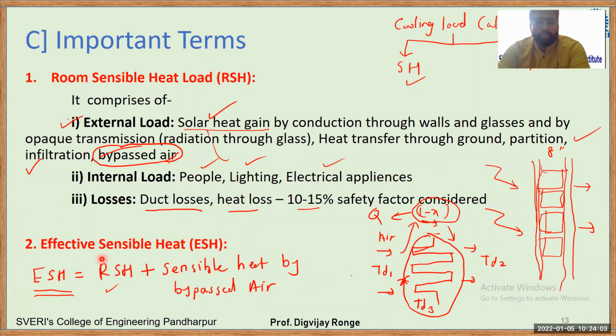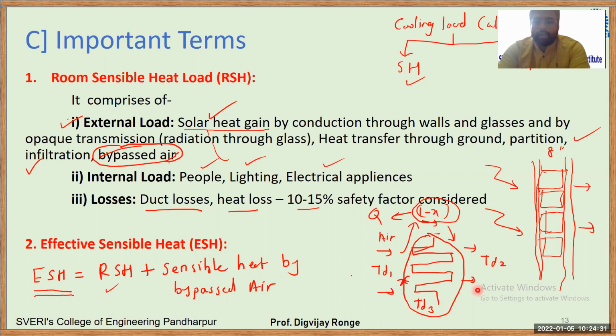Now next is effective sensible heat, ESH. In ESH you have to consider RSH plus the sensible heat by bypass air. We have discussed this point, bypass air, right? There is a coil. Inlet temperature TD1, coil temperature TD3. Ideally, when air at TD1 comes in contact with the coil at TD3, the outlet temperature should be TD3.